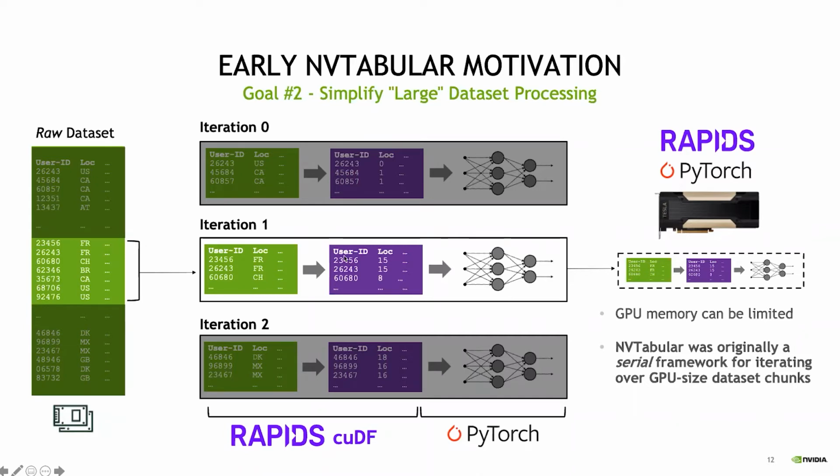You would read it into memory, only operate on that chunk, and then pass that into your PyTorch model. Goal number 2 was achieved by early versions of NVTabular through something called a GPU dataset iterator. We would pull one chunk of the raw dataset into memory and apply transformations one chunk at a time, iterating in a linear fashion through the whole dataset.